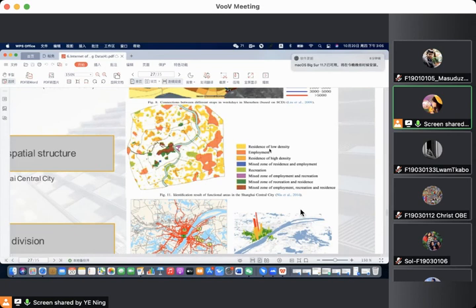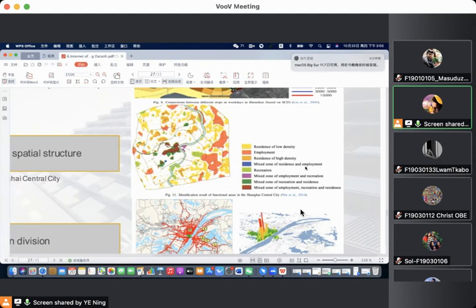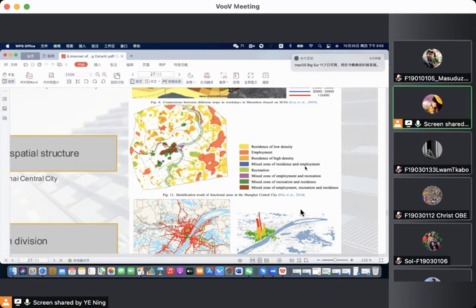The different colors mean, let's say, residents of low density in a city and employment, like this color. And blue means a mixed zone of residents and employment. Okay, the cross district.